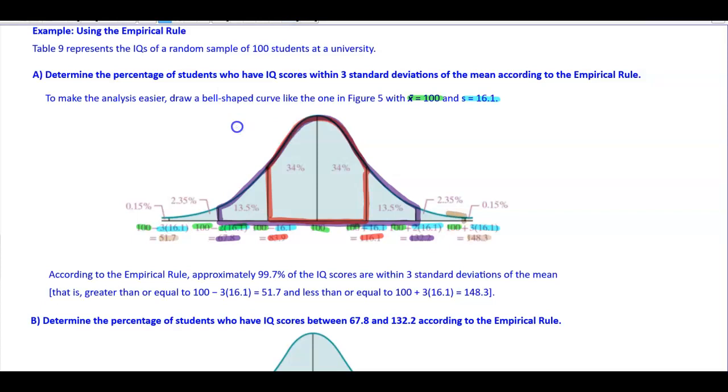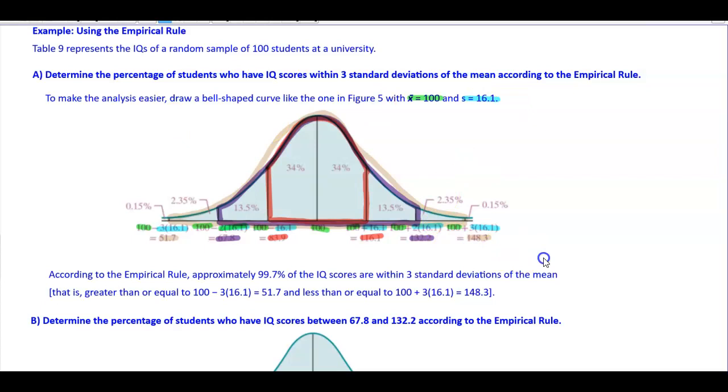So that represents 3 standard deviations away from the mean. Our question says determine the percentage of students who have IQ scores within 3 standard deviations of the mean according to the empirical rule.